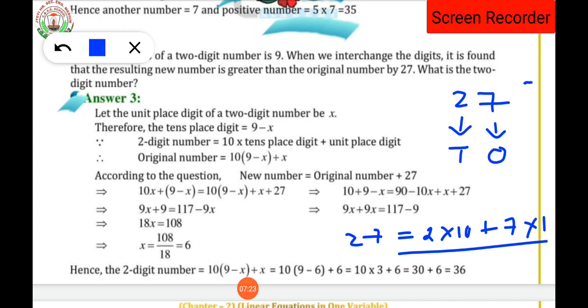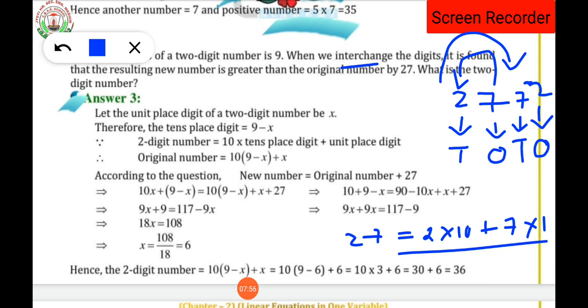Now the same thing we have to do in this question. Now after this, if it is said that we are going to interchange the positions, tens will become ones and ones will become tens. That means अगर हम इसकी पोजीशन चेंज कर देते हैं, वंस के प्लेस वैल्यू पर 2 आ जाएगा, since in the question also interchange is given, that's why. और टेंस के प्लेस वैल्यू पर 7 will come.